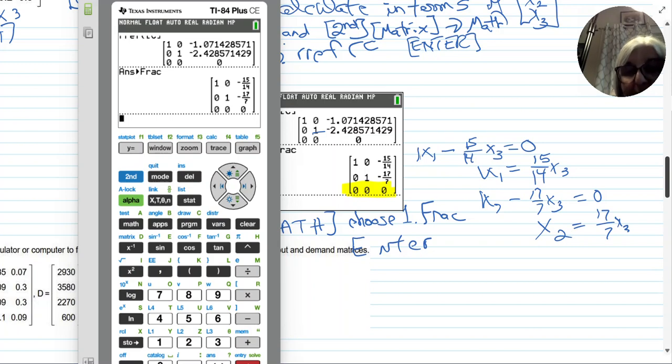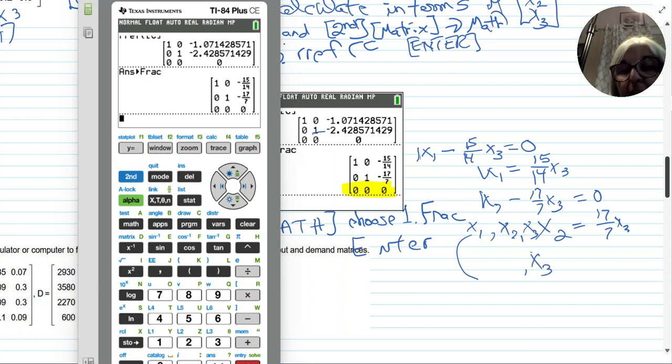So how do we place that answer? Well, we're going to put, remember, this is x of 1, x of 2, and x of 3. Now, our x of 3 can be any number, right? So I have x of 3.